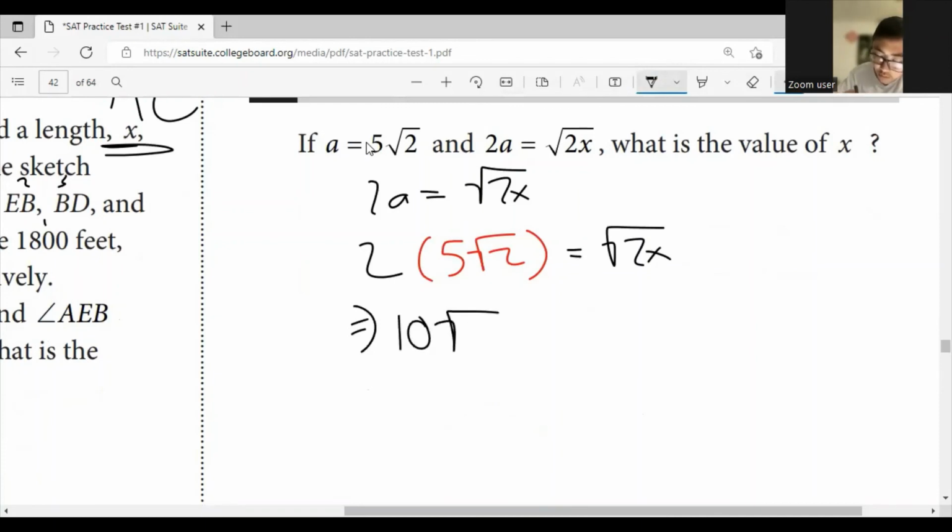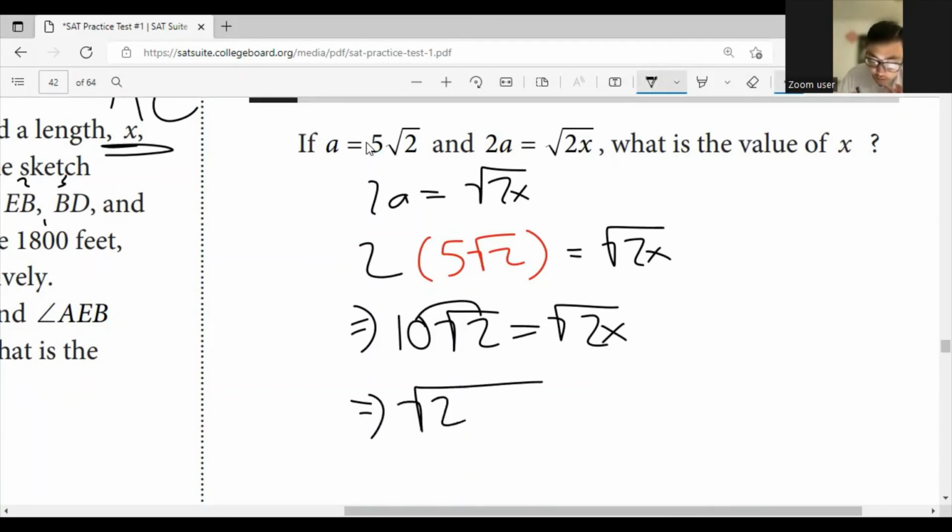10 root 2 equals root 2x. Now, the thing about square roots, when you have something multiplying against it, I can actually just bring it back in here, but I have to remember to square it. It's like simplifying a square root, right? So when I bring it back in, 10 squared is just going to be 100. If I wanted to bring it back out to a 10, this would have to be a perfect square.